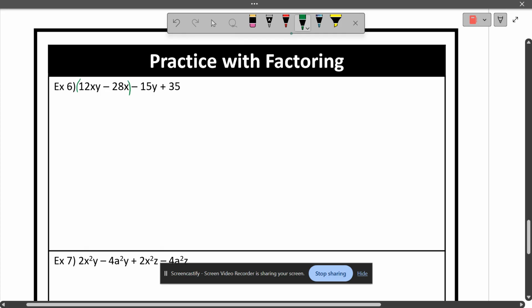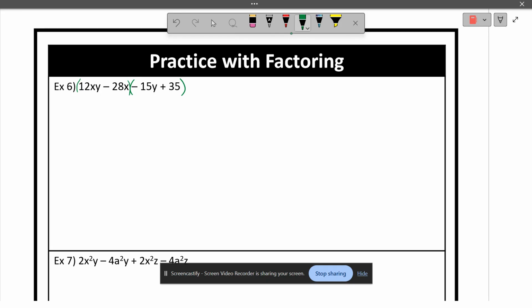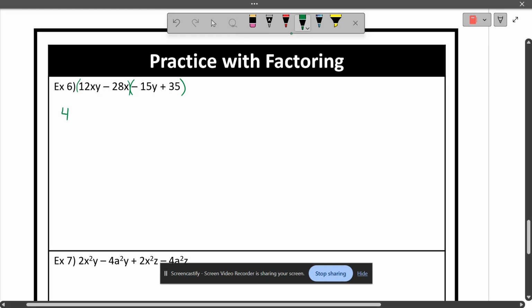All right, so for example 6, again, I'm going to pull out my GCFs for my first 2. So it looks like it's going to be 4x. So then I have 3y minus 7. And then negative 5.